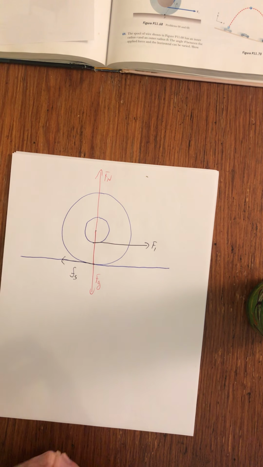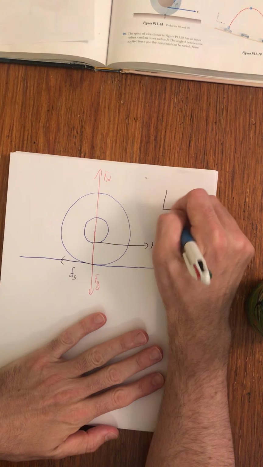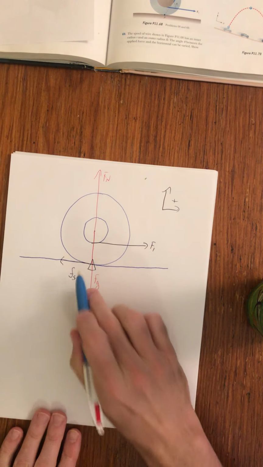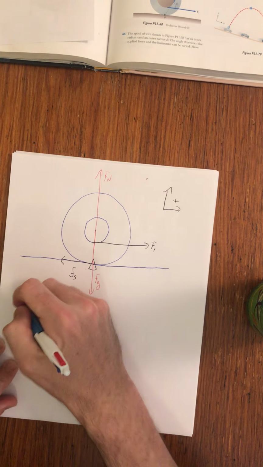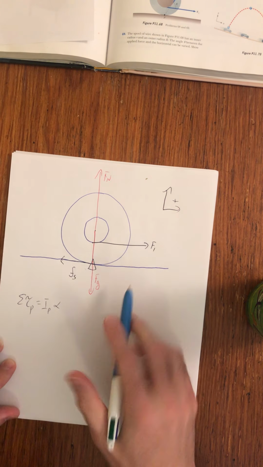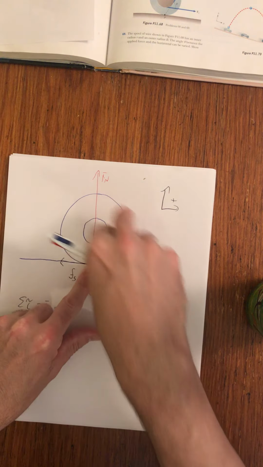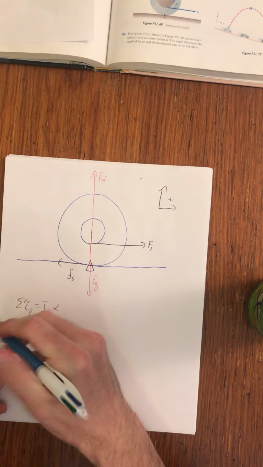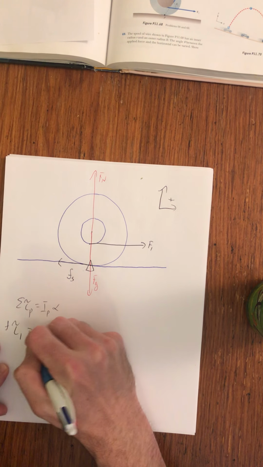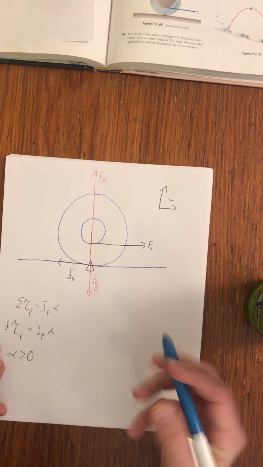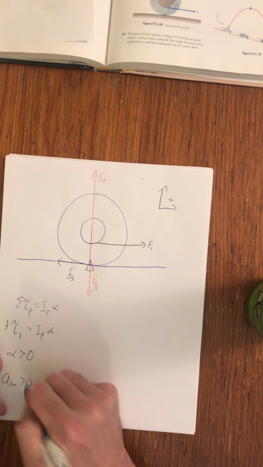Once again, I don't want my analysis to be contingent on the direction of Fs, so let's put the pivot there. Sum of torques about the point P is equal to IP alpha. Here, if that's my pivot, this object would rotate this way, clockwise, so it's a plus torque due to F1 equal to IP alpha, therefore alpha is greater than 0, therefore a com is also greater than 0.